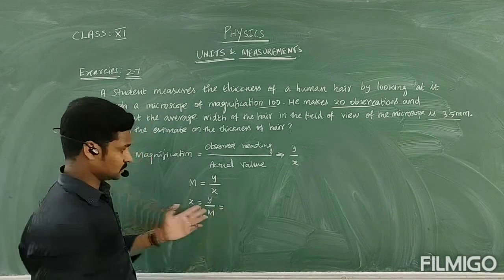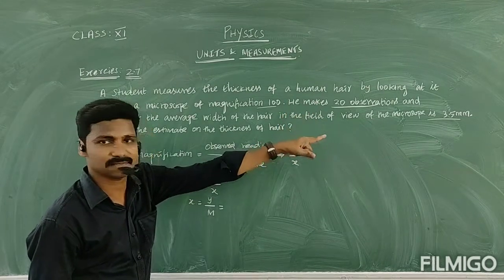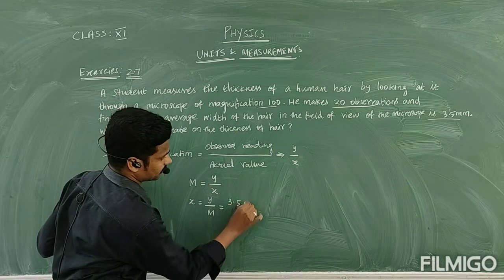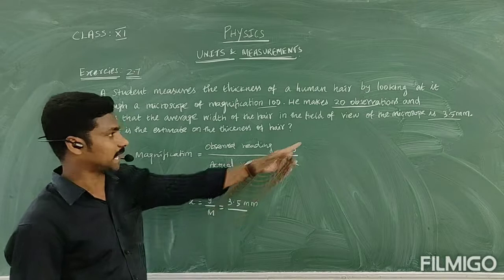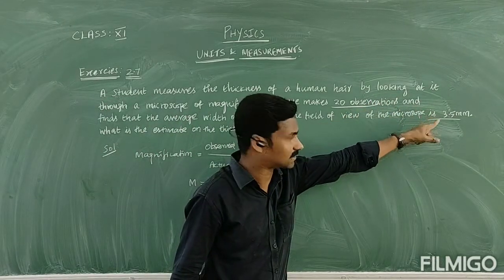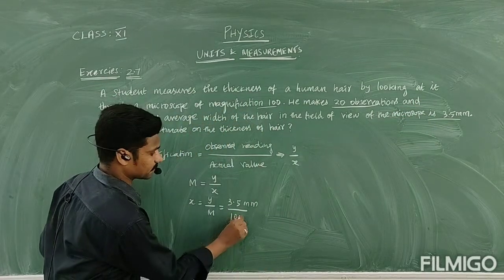That's all. The y value, from that observation, the final average reading, is 3.5 millimeter, divided by the magnification. Compared with the actual value, how many times is it magnified? 100 times. So divide by 100.